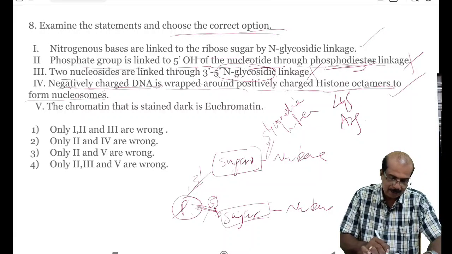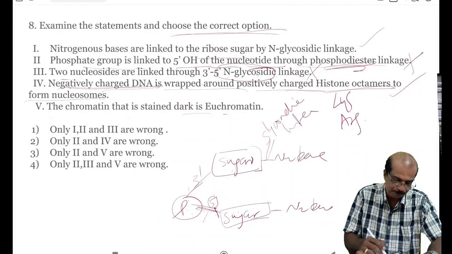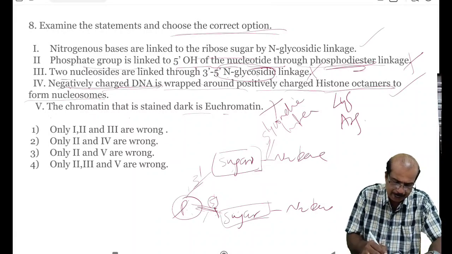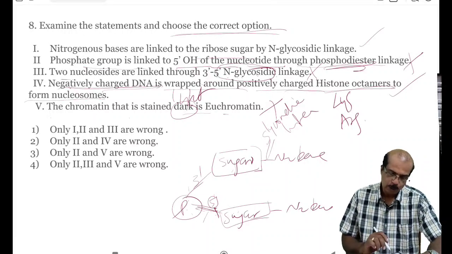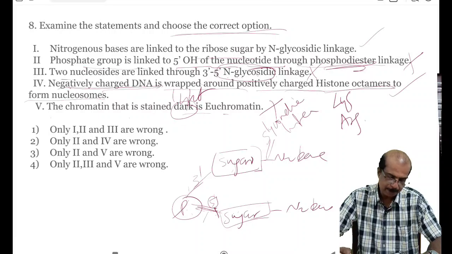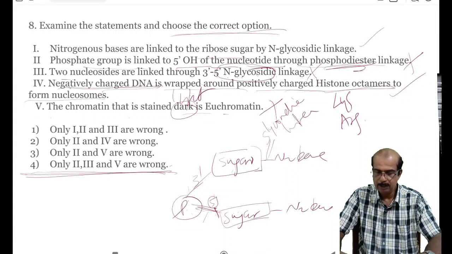The chromatin that is stained dark is euchromatin. The statement is a wrong one. The chromatin that is stained light is euchromatin, and it is transcriptionally active also. So the wrong statements are the second, third and fifth. So the fourth choice will be our answer to this question.